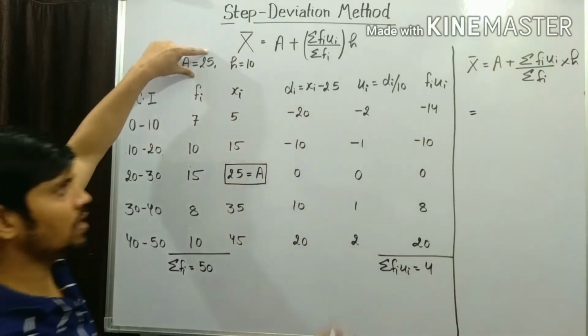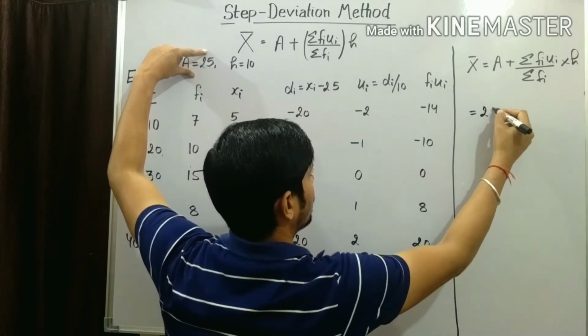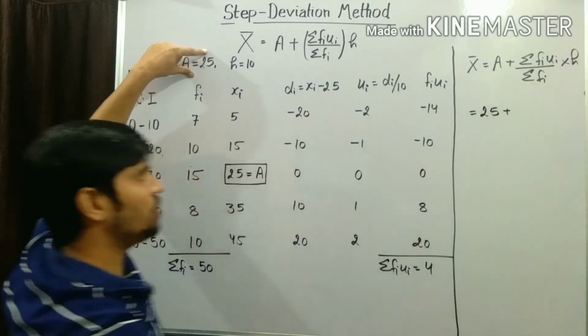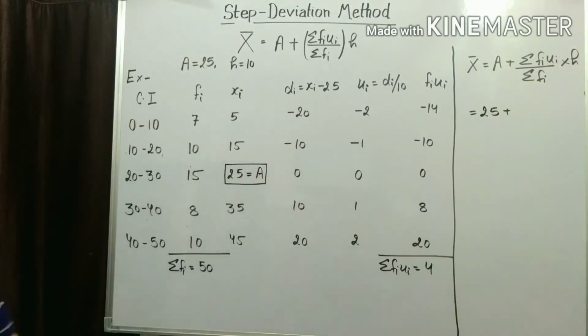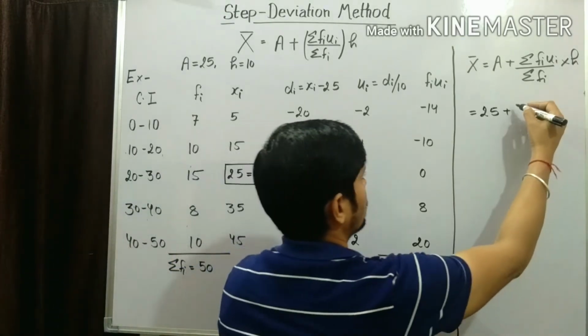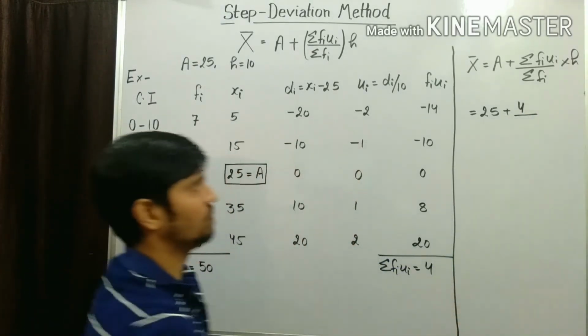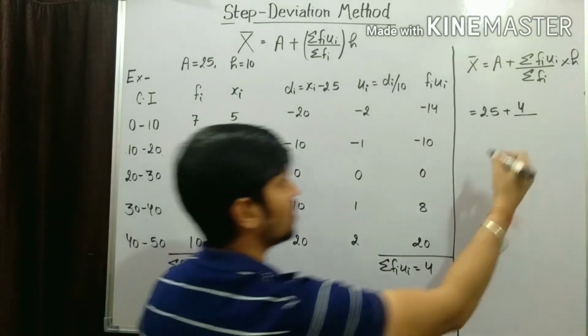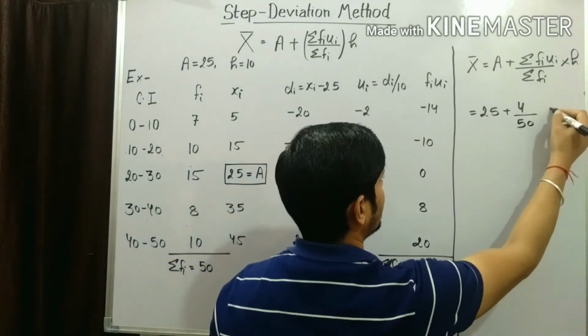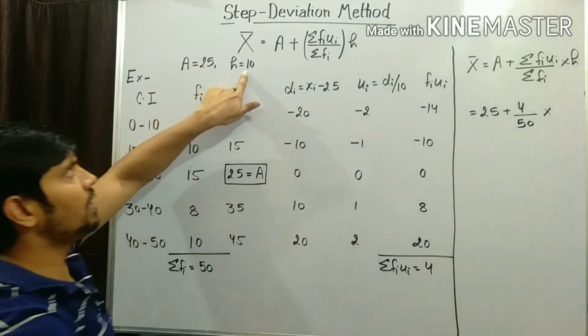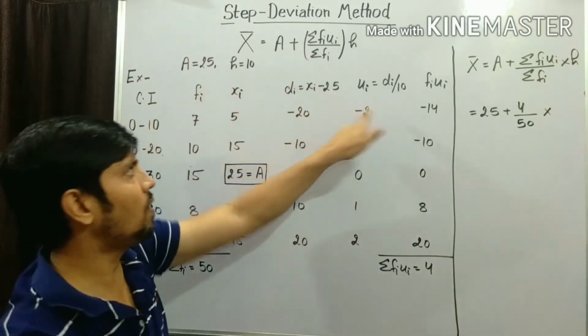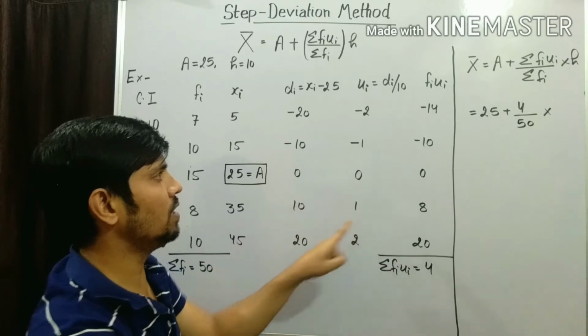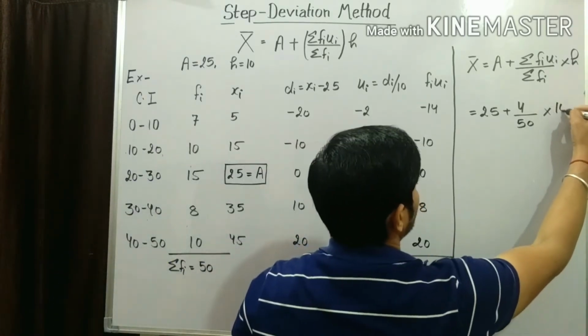The assumed mean I have taken here is 25, plus summation of fi ui. What is the value of summation of fi ui? This is 4, upon the sum of all the frequencies, 50, and the class interval we have taken h equals 10. We have divided all these di's by 10, so this will be into 10.